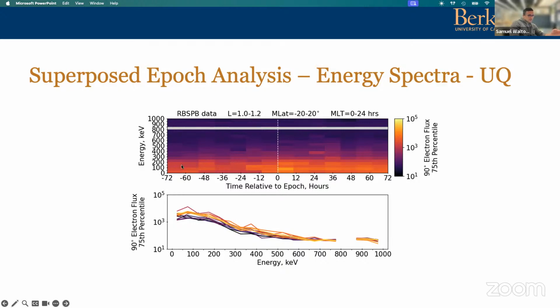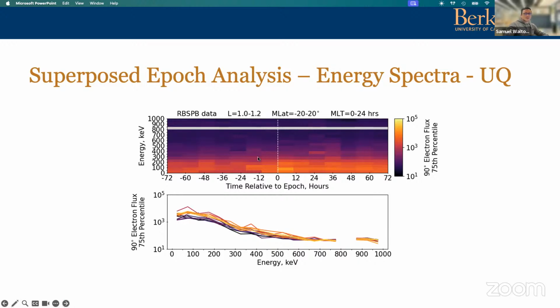What you can also see there is that at these lower energies, you get increased intensity of electrons around minimum Dst, which in this case seems to almost maintain its intensity as you go through the full 72 hours after minimum Dst. But I think the main takeaway here is that this cliff edge that we thought was there, which aligns with other studies, here we're showing that during the most extreme times, it's not so much of a cliff edge.